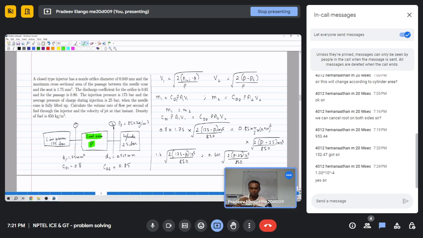We call it seat area because that is where the orifice is covered by the needle. It is seating on that orifice.